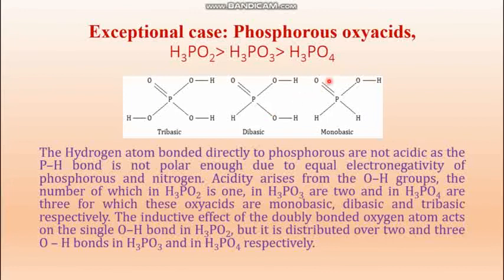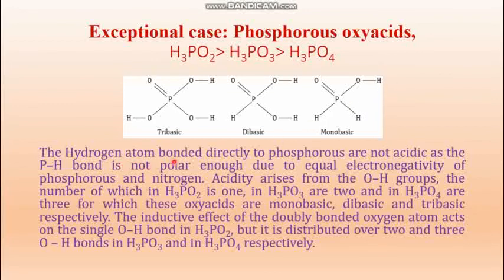And finally, the pulling effect of electrons due to the inductive effect of this oxygen will be distributed over only 1 moiety. So which one would feel the highest pulling of electrons? Definitely this one would feel the highest pulling of electrons. It will accelerate the fragmentation of this bond, and definitely this will have the highest protonic character.